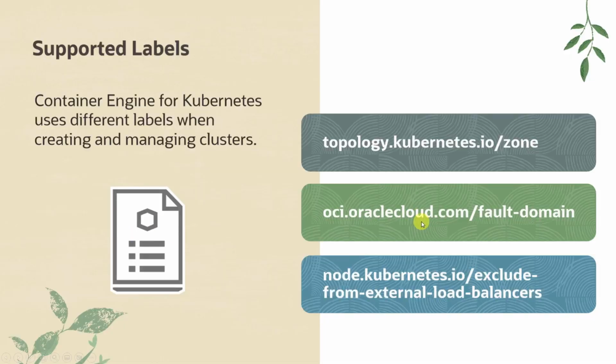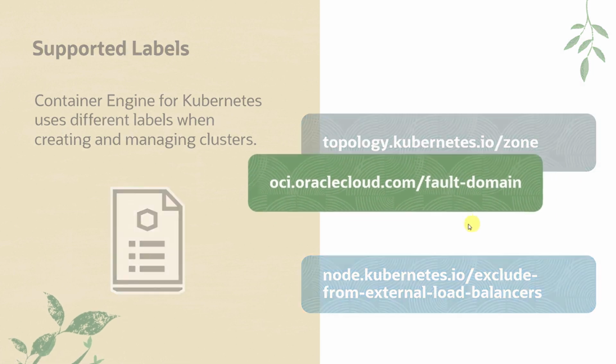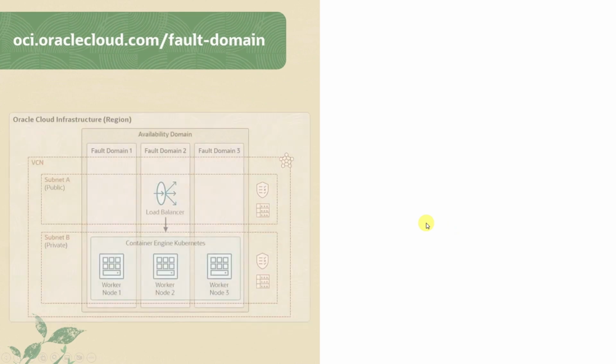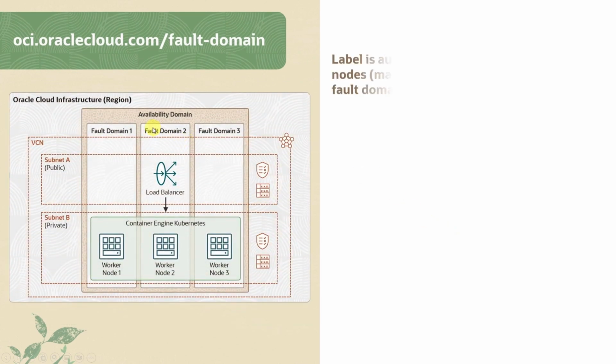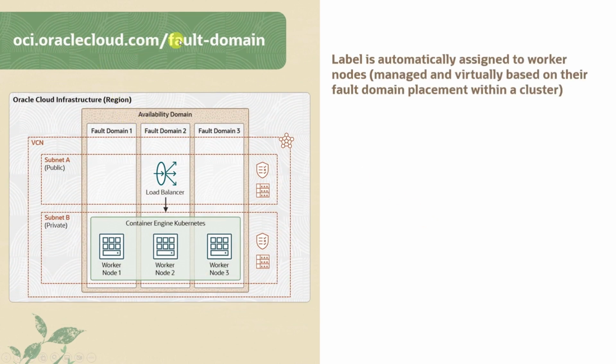Now let's understand the label oci.oraclecloud.com/fault-domain. The oci.oraclecloud.com/fault-domain label is automatically assigned to worker nodes, both managed and virtual, based on their fault domain placement within a cluster.